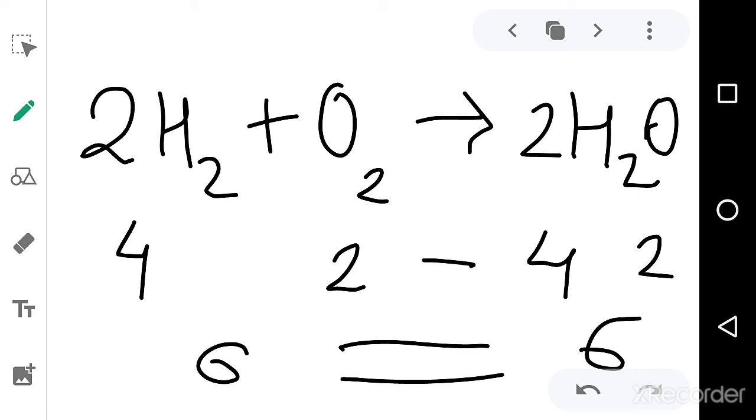So the reaction is completely balanced. From this we can say that two molecules of hydrogen react with one molecule of oxygen to form two molecules of water. So this was all about balancing of a reaction.